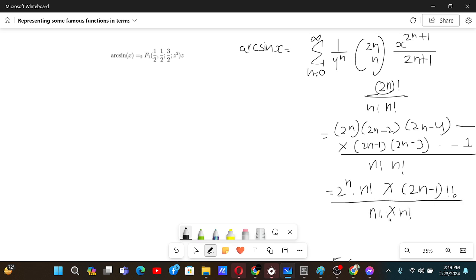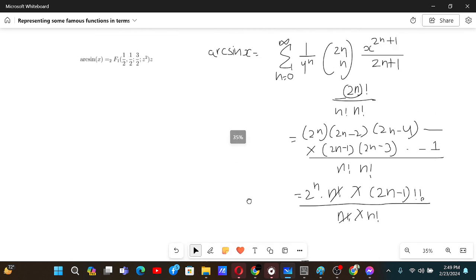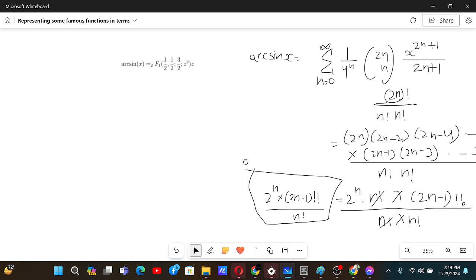Now I can cancel the n factorial out, and we get that this central binomial coefficient 2n choose n is actually equal to 2 to the power n times 2n minus 1 double factorial by n factorial. Now up to this we are good to begin.